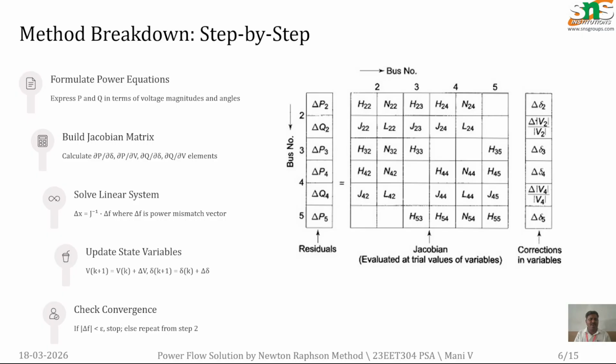We then update the state variables, determining the voltage of all buses except the slack bus, and check this voltage against the given convergence criterion. If it is not met, again we have to go for another iteration till we attain the exact, actual result, which should be less than the convergence criterion.